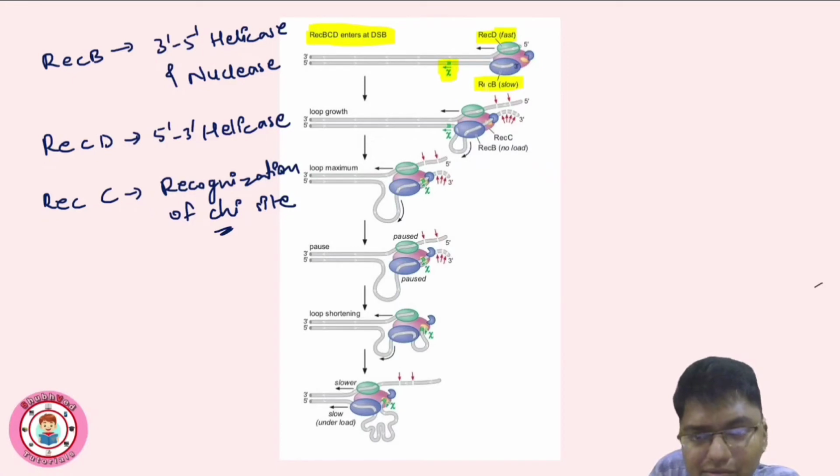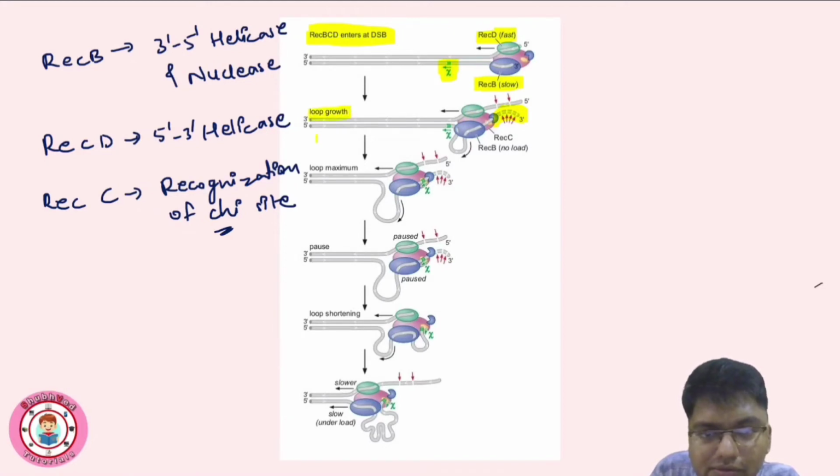Now as I said, RecB is a nuclease, so it is moving and cutting the DNA. See here, the DNA has been cut. This is due to nuclease activity. Alright. So what is the function of helicase? As we have seen, this is unwinding the DNA. See, DNA is getting unwound.